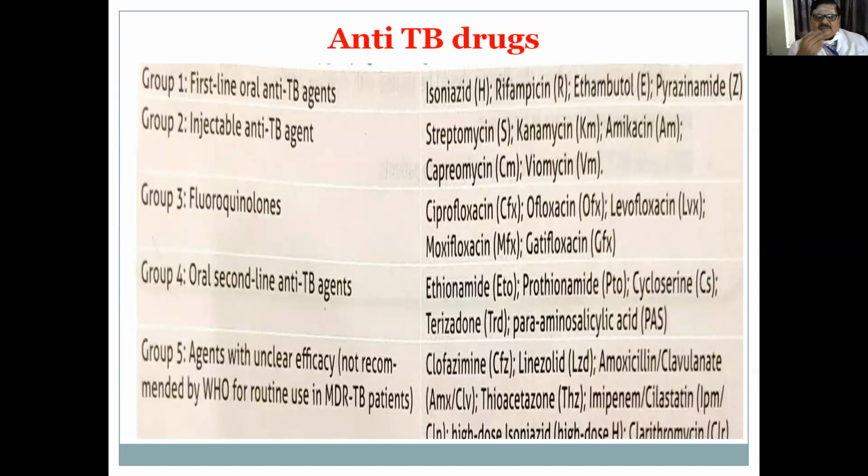So anti-TB drugs are group 1, group 2, 3, 4, 5, but don't worry about all these things. You just know that they are like that. In microbiology, you are not tested on your knowledge of treatment. You are supposed to say about MAN2, about BCG, about Lowenstein's medium, but not about the treatment part. Enough if you know.